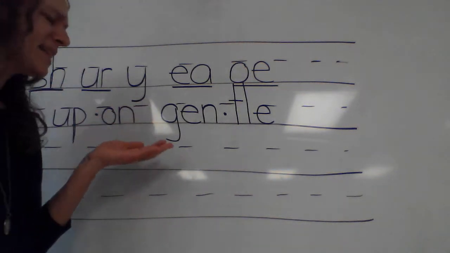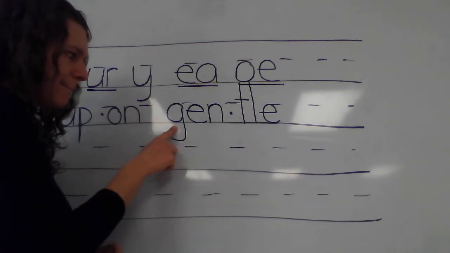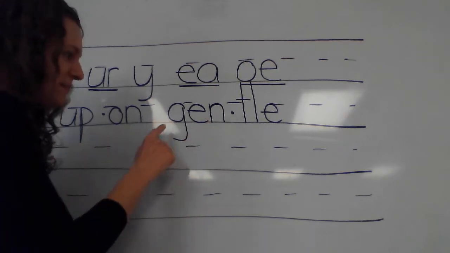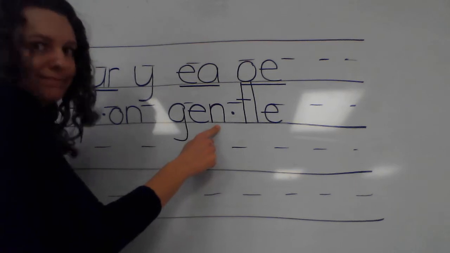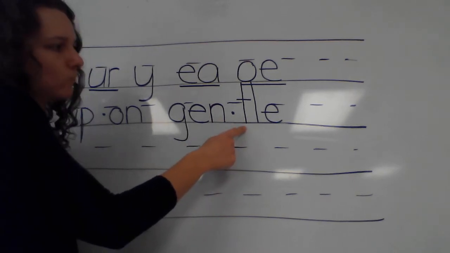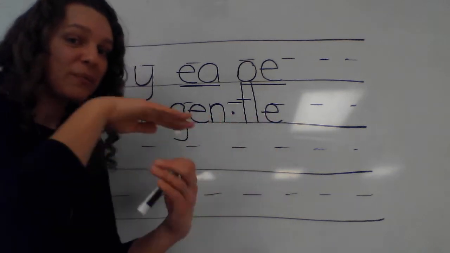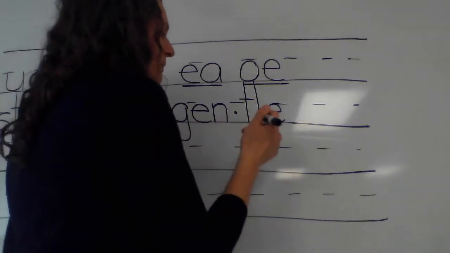All right, let's go through our markings, class. Does this need a marking? Nope, since there's a rule about it, we don't have to mark it. How about this one? Nope. This one? I hope you remembered it's silent and it's a job 4. So we're going to double underline it.